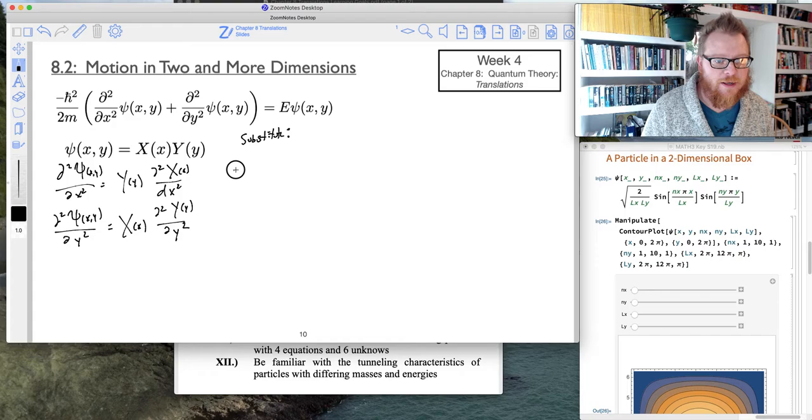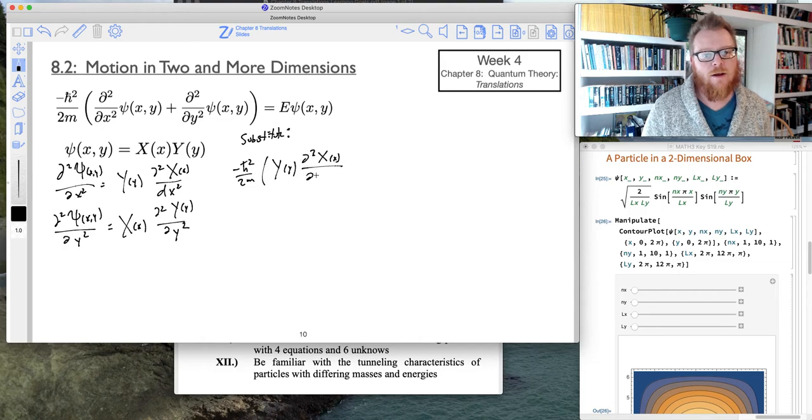And so now that's going to be negative ħ² over 2m times, and now look, we know the second derivative in x can be written as such, the Y function times the second derivative of the X function.